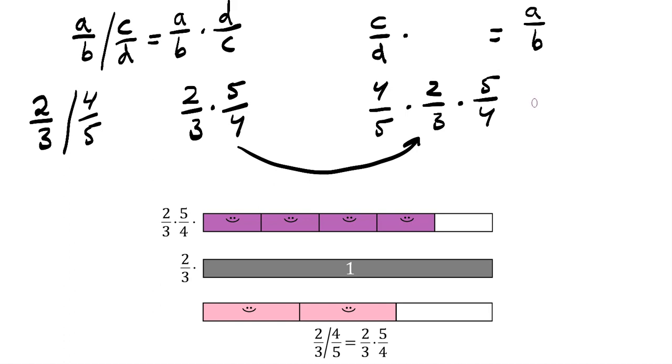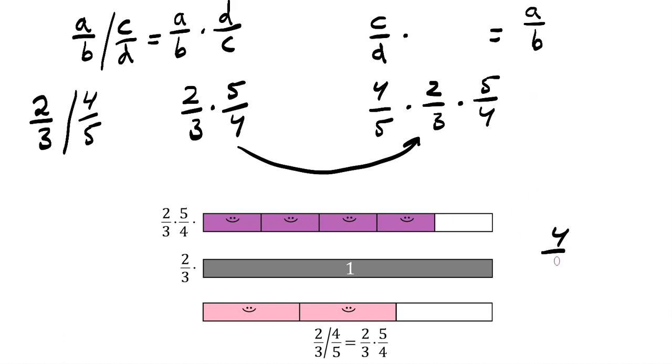So what can we do here? If we see here there's 4/5 and 5/4. If you multiply these two, and here we can of course arrange the numbers in any order we like, because of commutativity of numbers. So these two, if we multiply these two, what do we get? Yeah, we will get 1. And why is that?